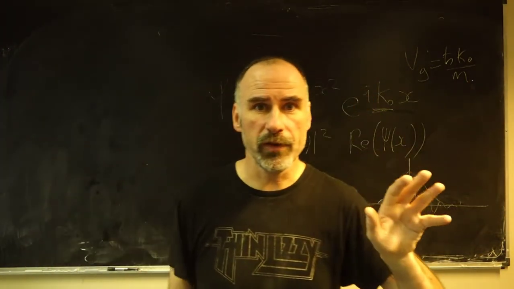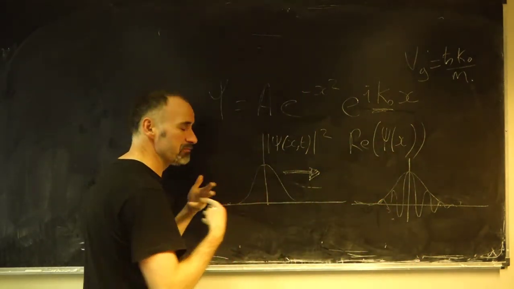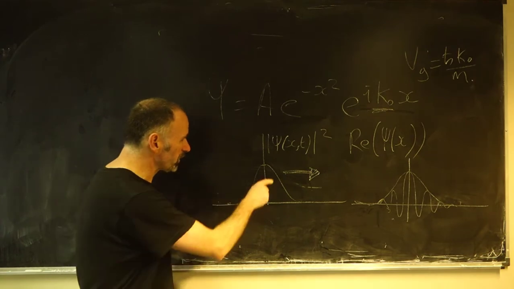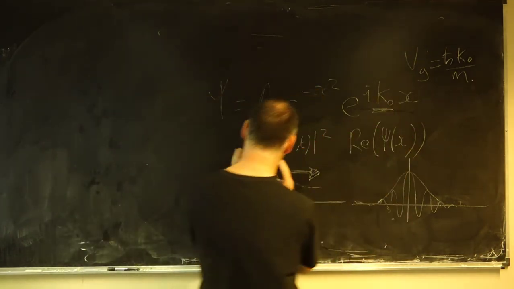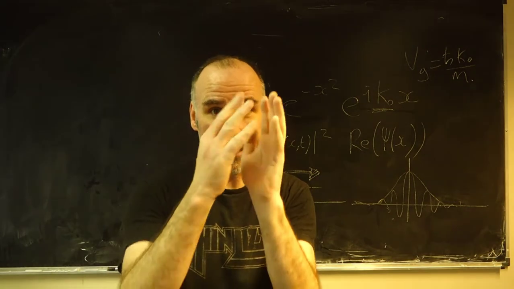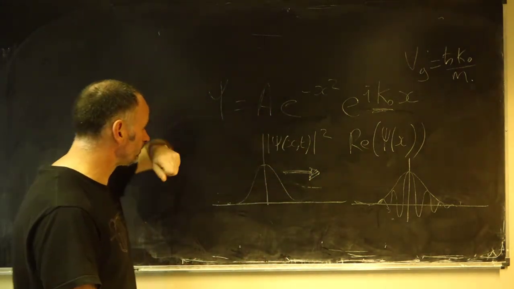There's a difference between group and phase velocity, but in this case, it makes a lot of sense to think about the current of particles being determined by the group velocity, the rate at which the wave packet moves as a unit.